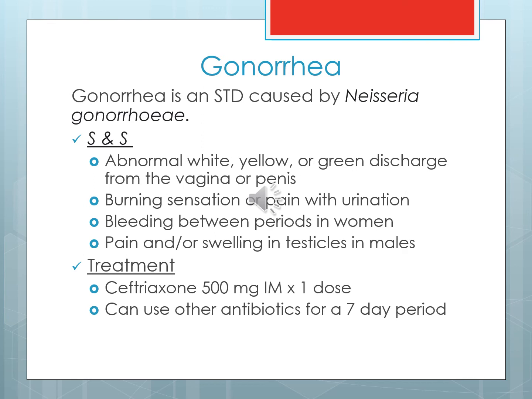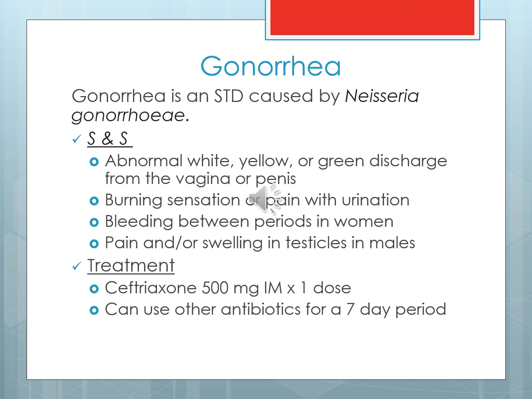Next is gonorrhea. Gonorrhea is an STD caused by Neisseria gonorrhea. The signs and symptoms of gonorrhea are very similar to the signs and symptoms of chlamydia: an abnormal discharge from the vagina or the penis, burning sensation or pain with urination, bleeding between periods for women, and pain or swelling in the testicles in males.